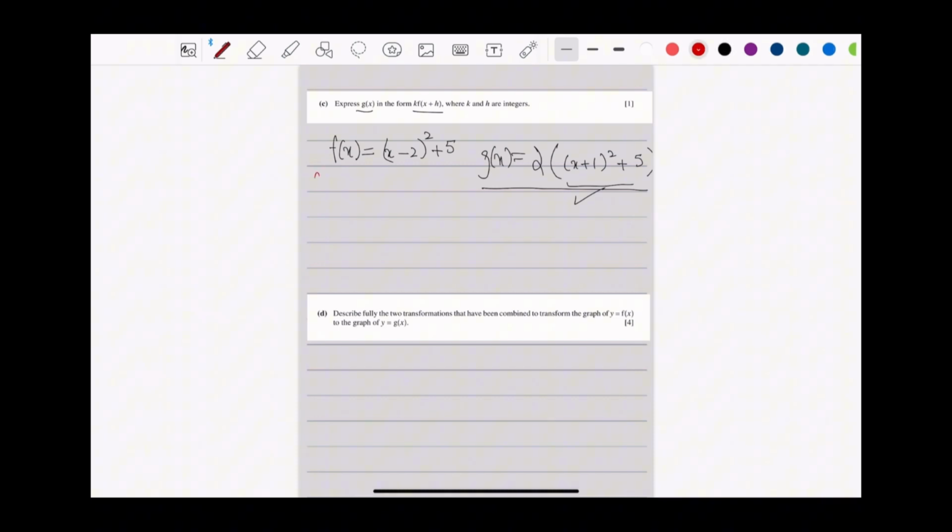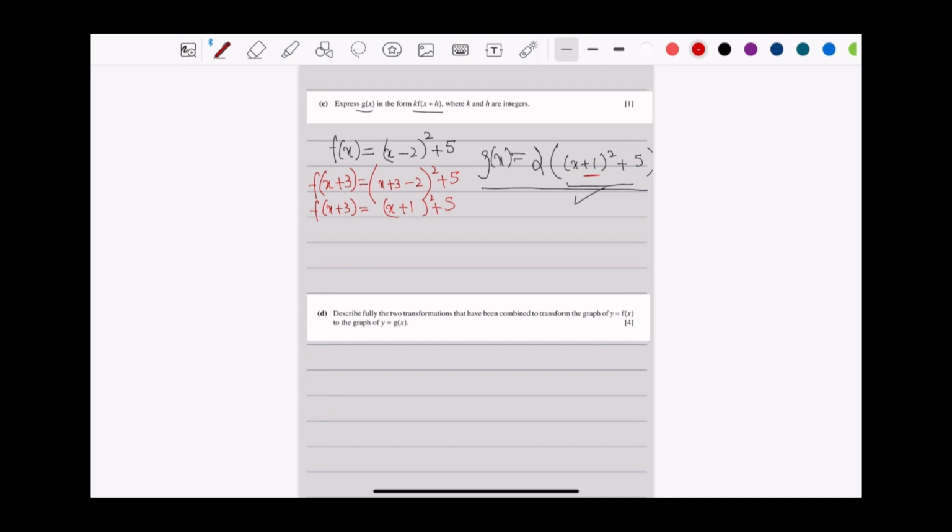Now look at this part. I need a plus 1 inside and a minus 2 inside. So if I add plus 3, I will get x plus 3 instead of x minus 2 whole squared plus 5, and f of x plus 3 is going to be x plus 1 whole squared plus 5.